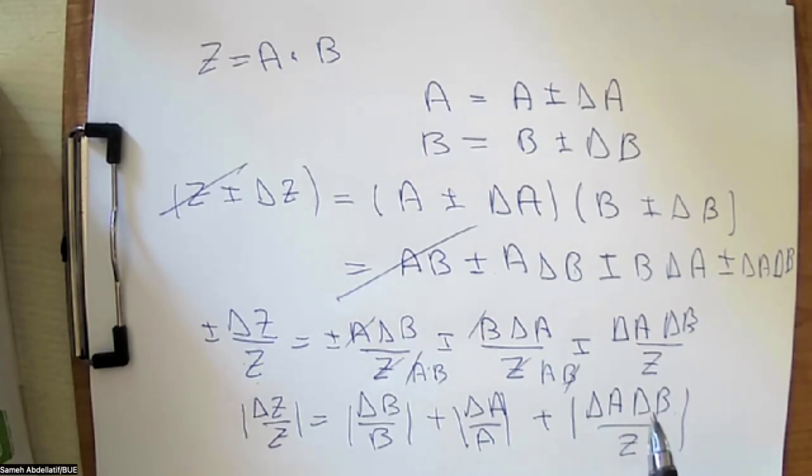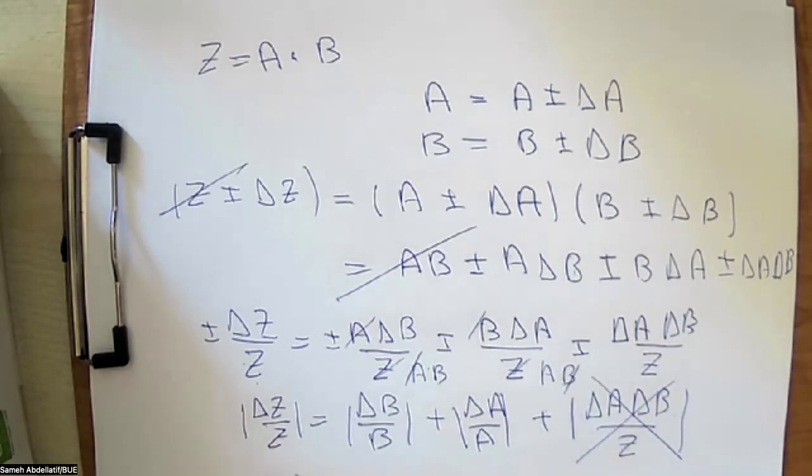And when you divide this over a big number like that, this number is going lower and lower. Accordingly, you can cancel this term and say simply that delta Z over Z equals delta A over A plus delta B over B.